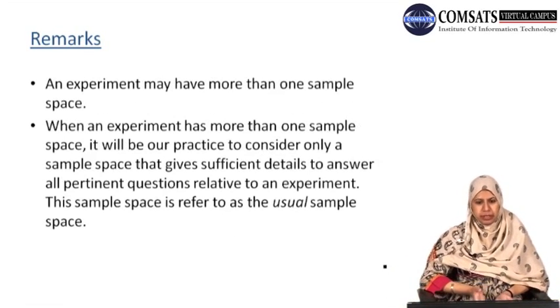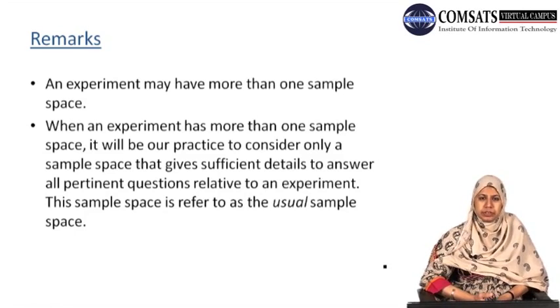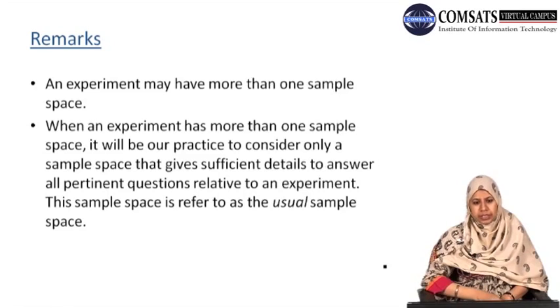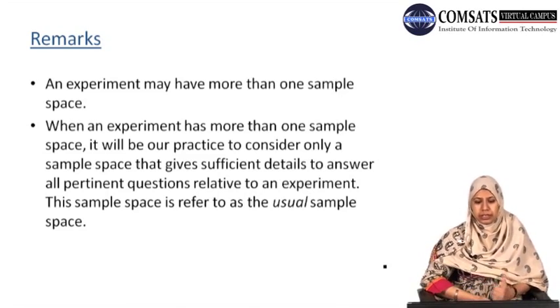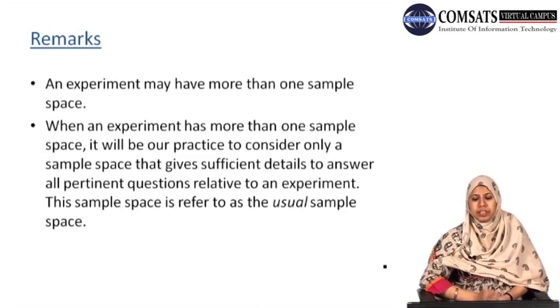Now we have some remarks, and the first remark is what I have just said, that an experiment may have more than one sample space, and we have seen it in our previous example. The second remark is that when an experiment has more than one sample space, it will be our practice to consider only a sample space that gives sufficient details to answer all pertinent questions relative to an experiment, no matter how many sample spaces an experiment has.